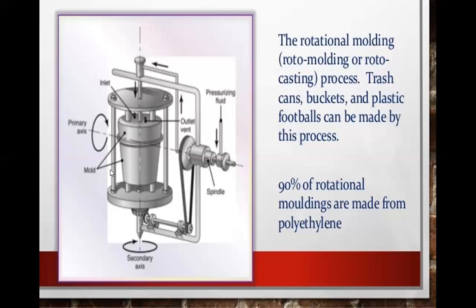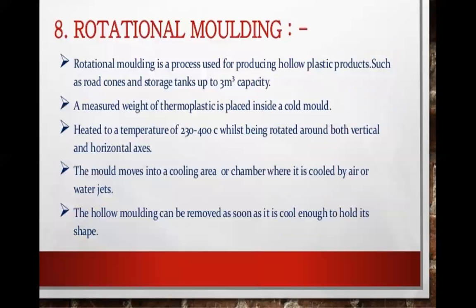And this is a mold. By rotating the mold around the vertical and horizontal axes, the plastic material inside the mold takes the shape of the mold in a hollow way. So this is about rotational molding.